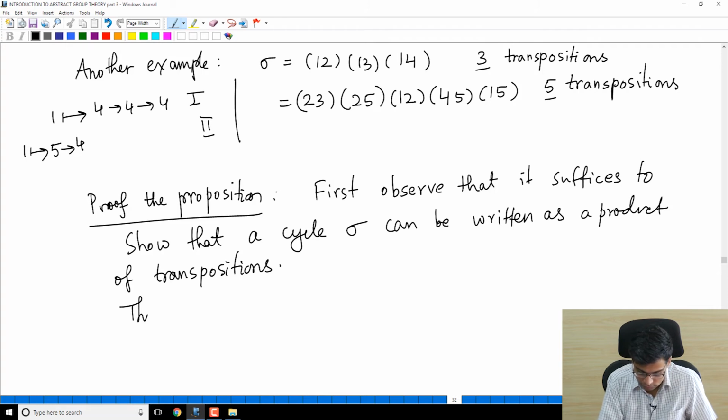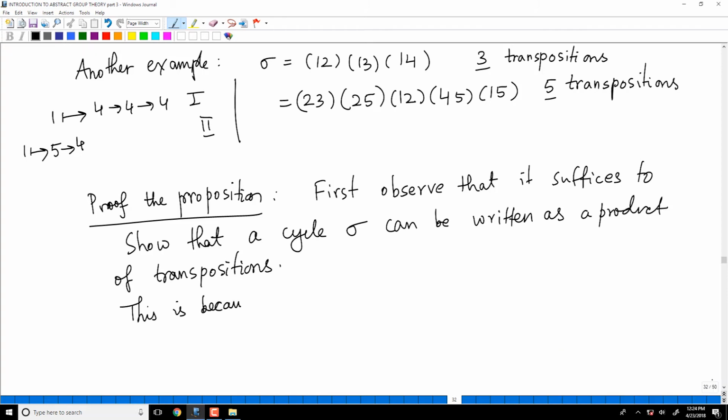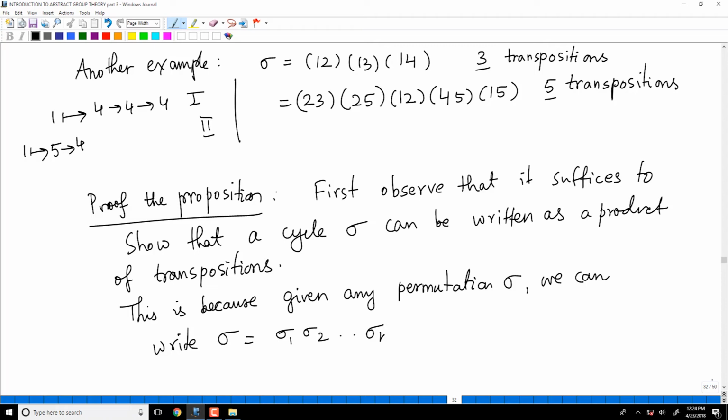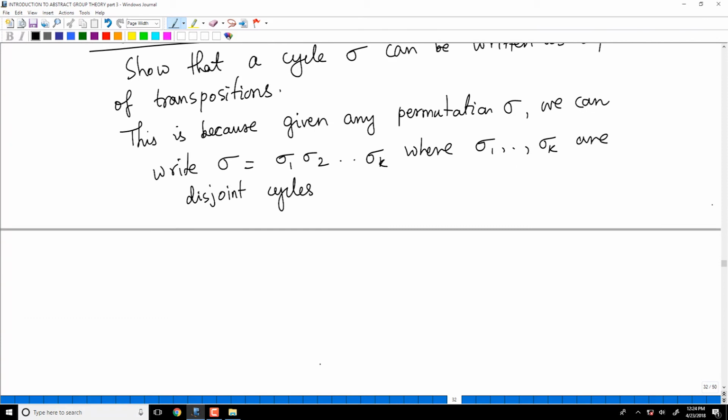Because given any permutation sigma, we can write sigma as sigma 1, sigma 2, up to sigma k, where sigma 1 through sigma k are disjoint cycles. Here disjointness is not that important, but we can write it as a product of cycles. That we already know, we have proved this. Any permutation in Sn can be written as a product of cycles.